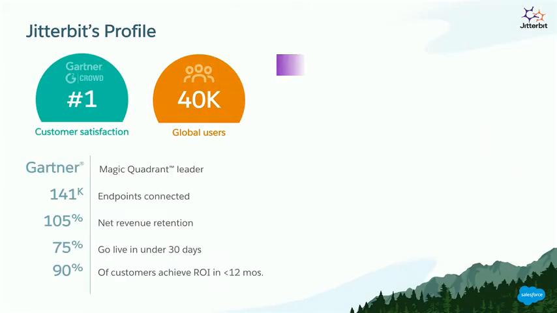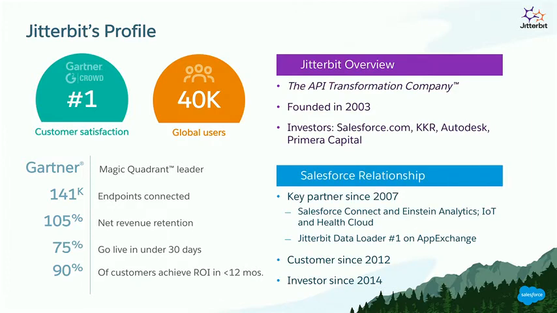So it's been a target for Jitterbit since about 2003, when we were established. We were an integration platform company, originally an open source vendor, as a matter of fact. And over time, we've evolved to much more than that, and we're now an API transformation company.